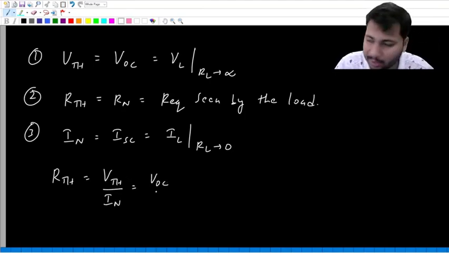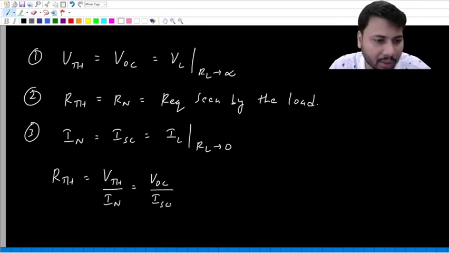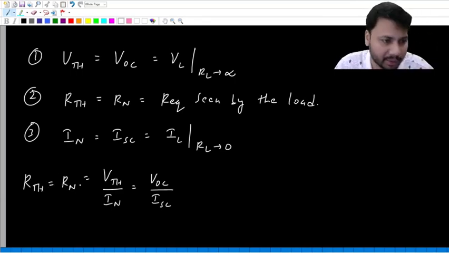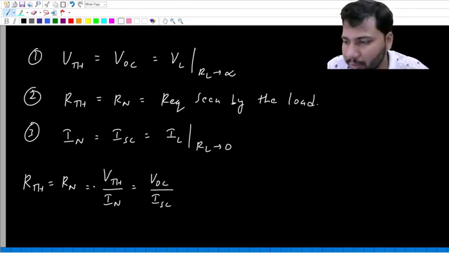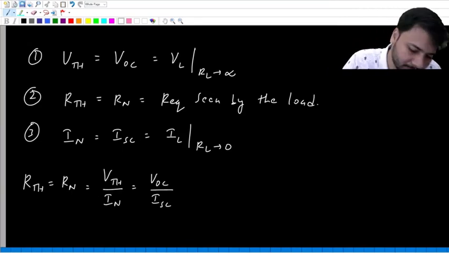Thevenin voltage is the open circuit voltage, Norton current is the short circuit current. That is VOC by ISC. So the Thevenin resistance is the same as the Norton resistance, and both are equal to the ratio of VTH to IN, that is the ratio of VOC to ISC.